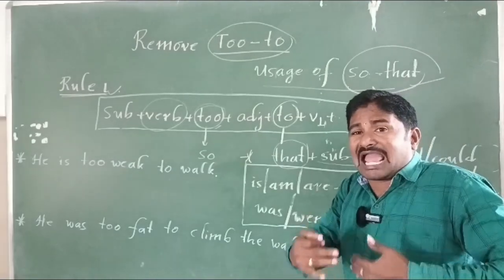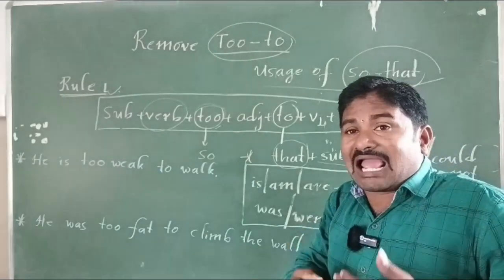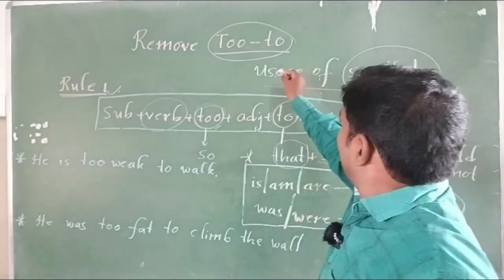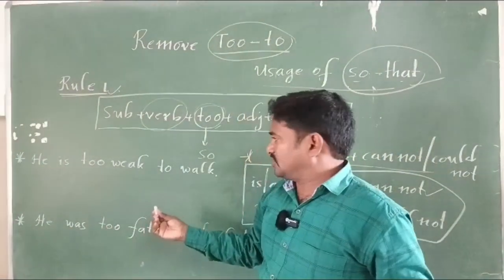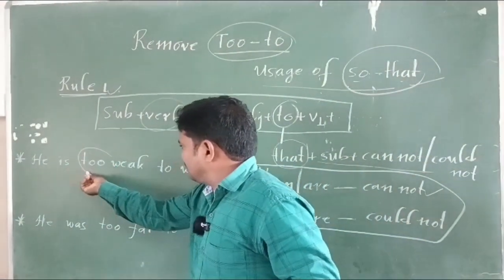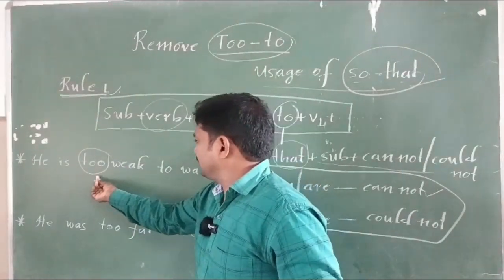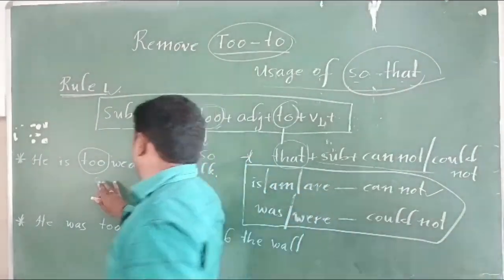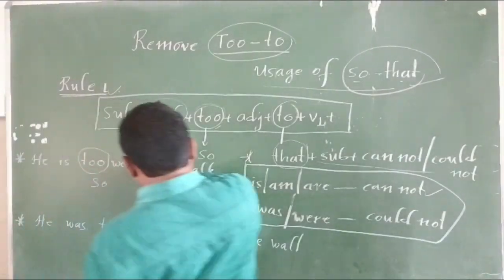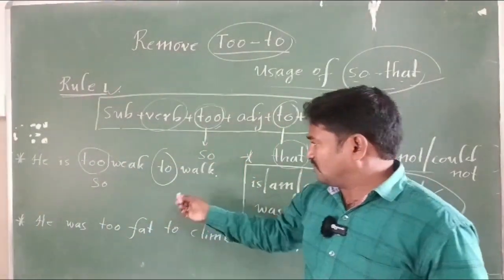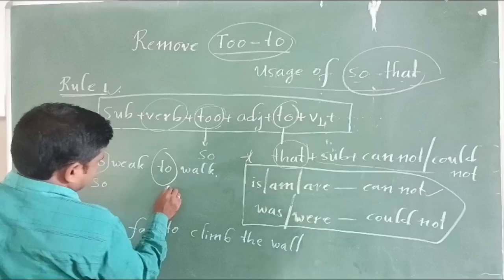So how do we add "so that"? As we discussed, in place of "too" we'll use "so", and in place of "to" we'll use "that".